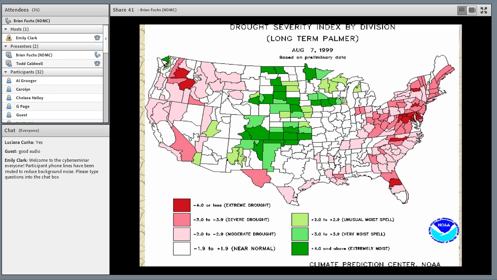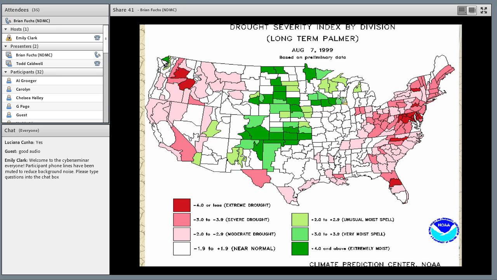But what we have found is over time the Palmer works great in some areas. It doesn't work as well in other areas. And there are also some interesting parts to the Palmer that make it not work as well in some areas. So this is looking at the summer of 1999.